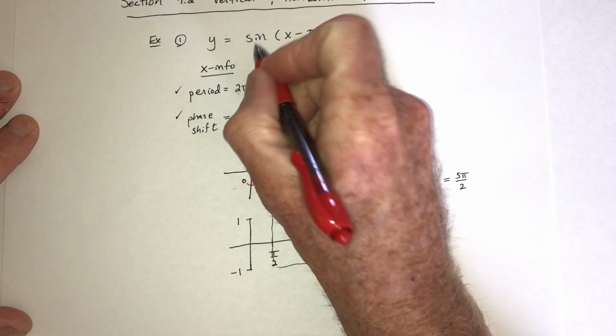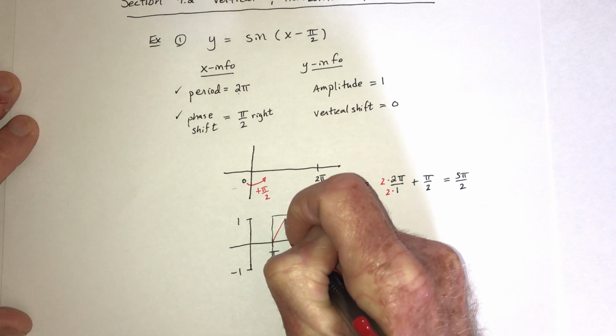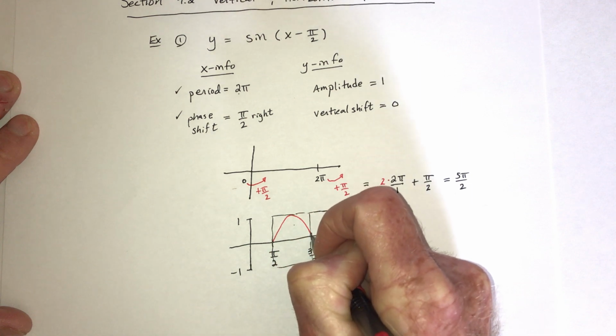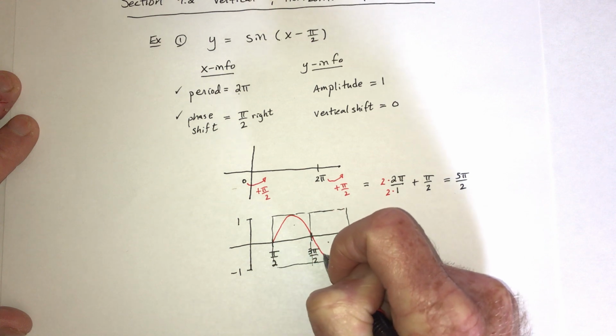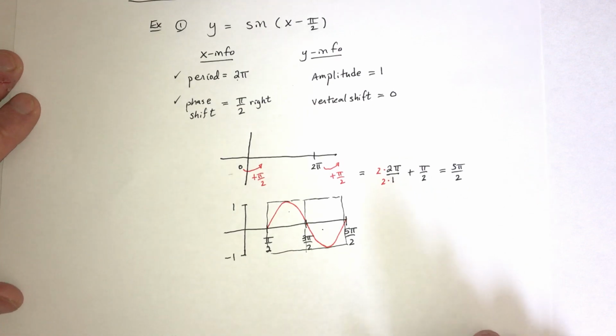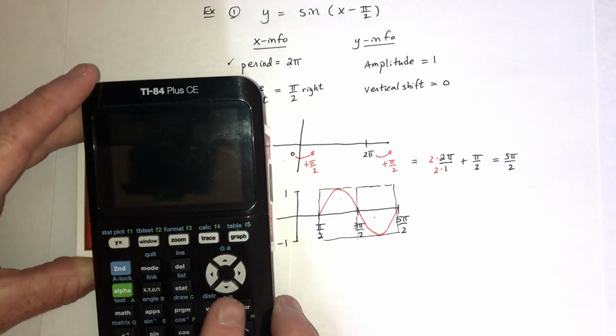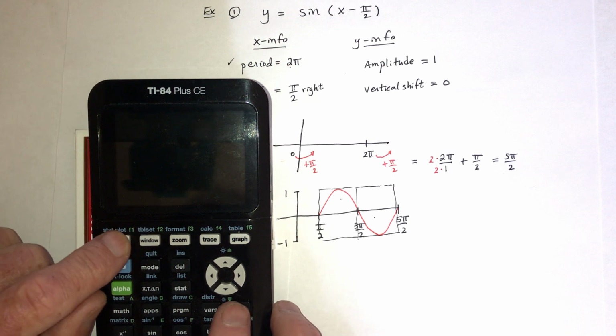And then graph sine. So sine starts in the middle, it goes up, and then it hits the x-axis, it goes down to -1, and then it hits the x-axis. So there's my graph. And of course, I want to graph on the calculator and see.